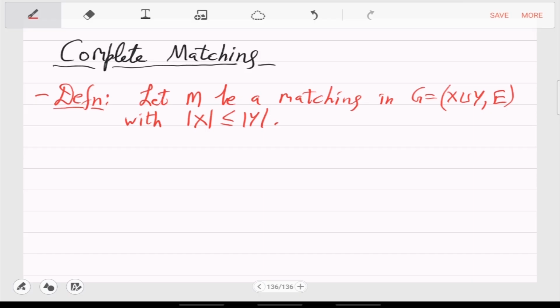If Y is bigger than X, then it will be impossible to cover all the Y vertices. So the maximum you can have is the X vertices. So whichever matching does this is called a complete matching.